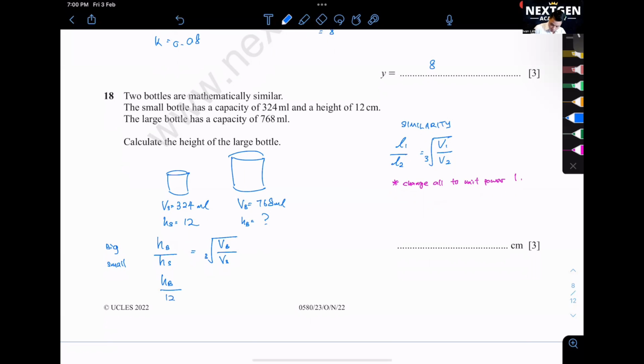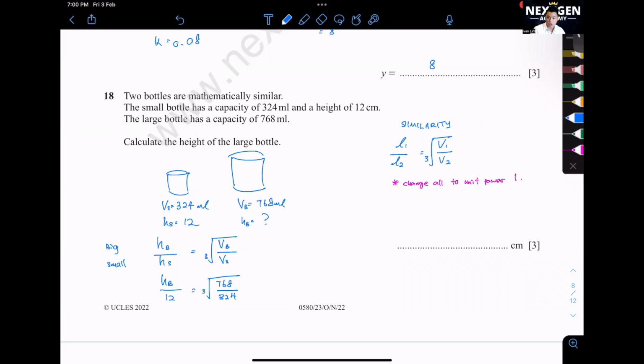HS is 12. Cube root, VB is 768 over 324. Make sure you are clear that ml is capacity, and capacity is equivalent to volume.